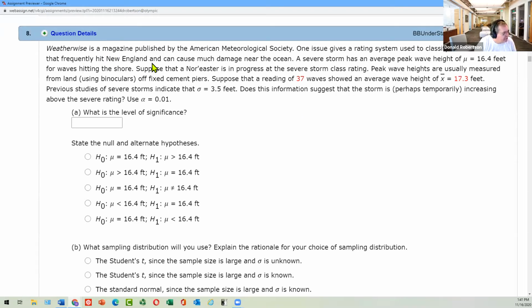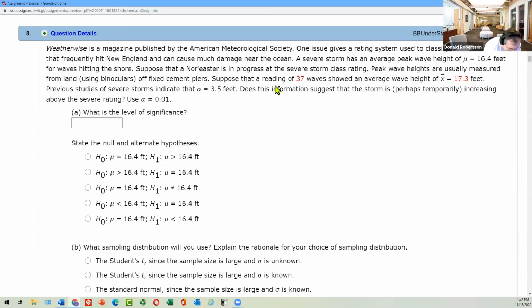So WeatherWise is a magazine published by the American Meteorological Society. One issue gives a rating system used to classify northeaster storms that frequently hit New England and can cause damage. And so a severe storm has a wave height of 16.4 feet. And it goes into real details.